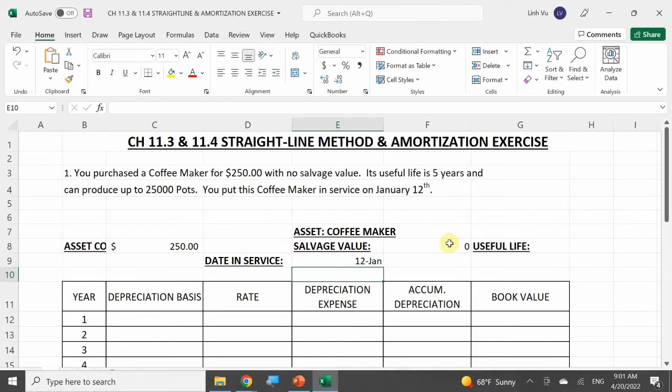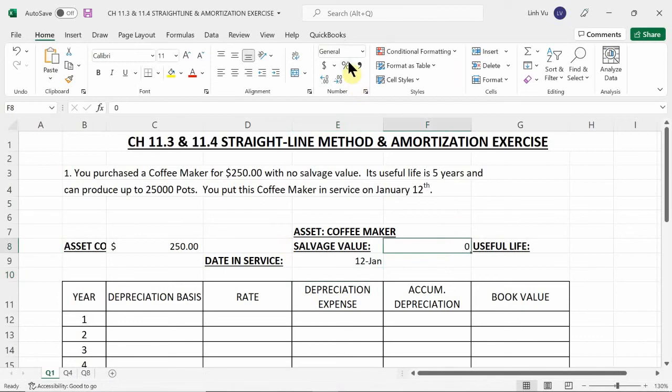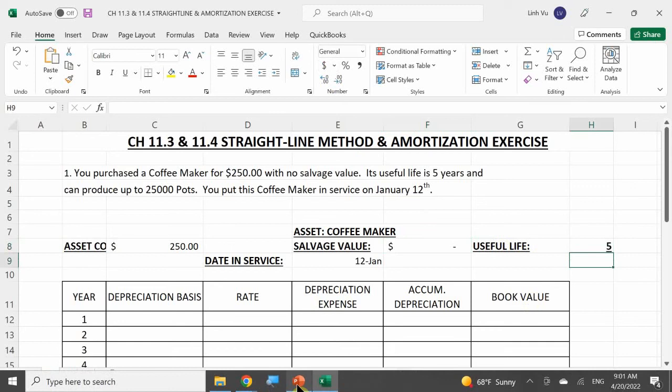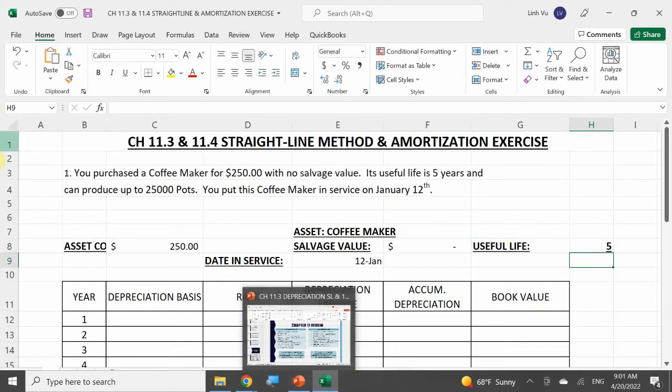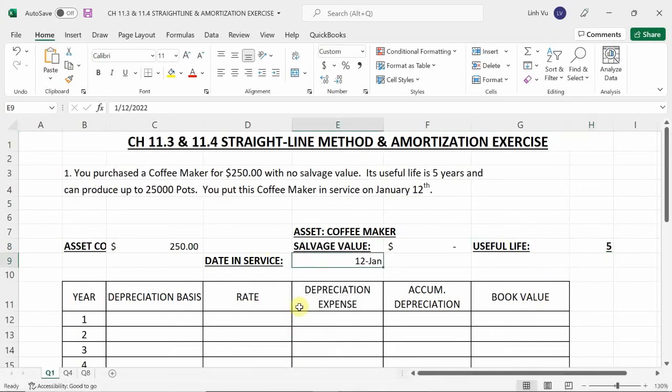Okay. Now, question to you. What does January 12th tell you? I'm talking about the date that you placed into service.